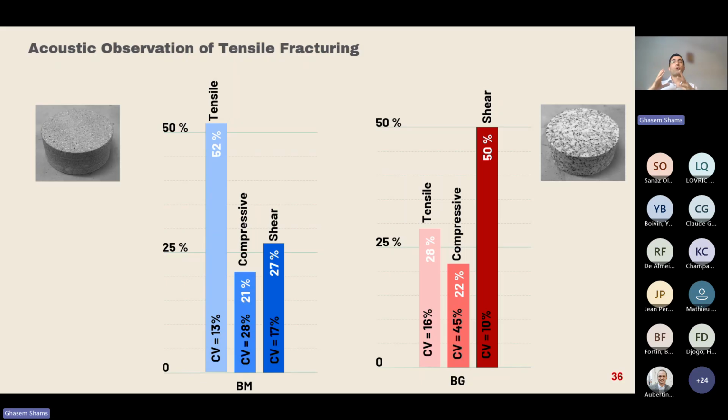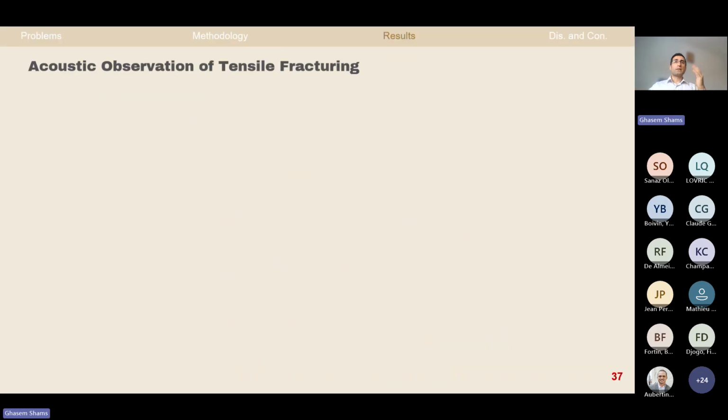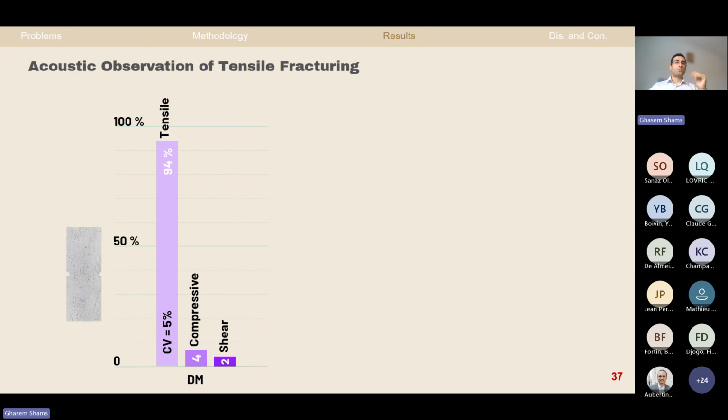Therefore, they contribute more to tensile strength. So between granite and mortar, we have higher tensile strength in granite because we have a higher shear contribution. What about the tensile strength of mortar in the direct tensile test? As you can see here, the majority of the microcracks are tensile, 94%.